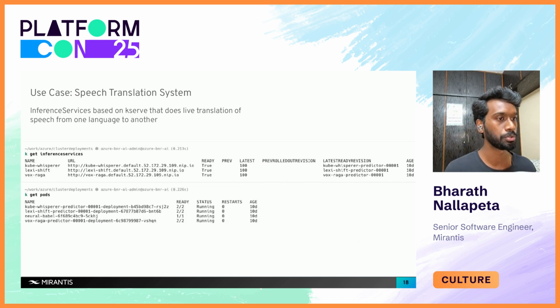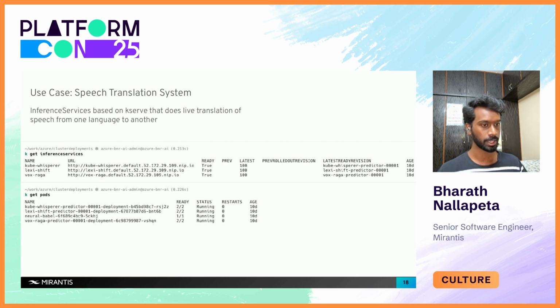Now, coming to the use case that I want to show, just to give you a feel of how this would actually work. Now that we've developed the platform for it, I'm using KServe's InferenceServices. It's a custom resource from KServe. I've deployed three of them: Cubespra, LexiShift, and Voxraga.